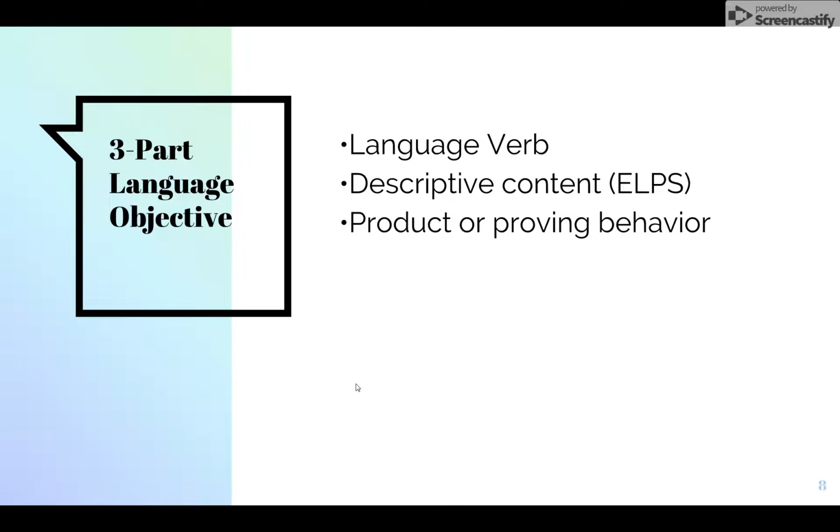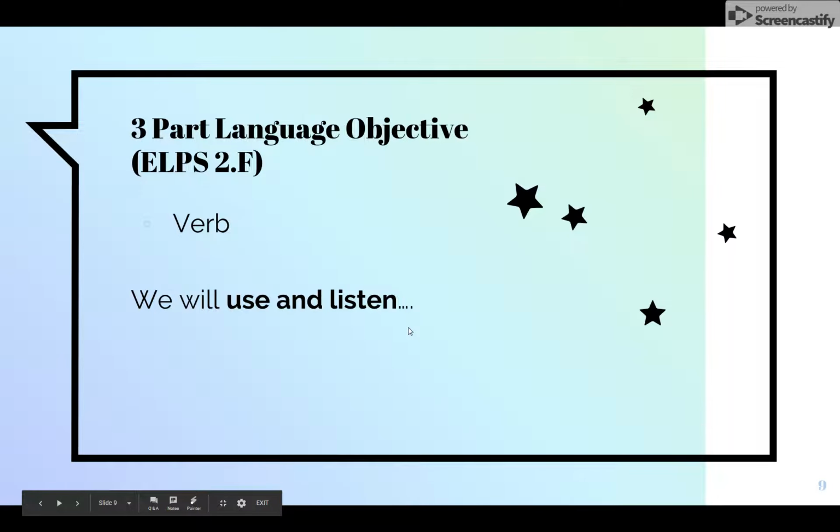Just as the content objective has three parts, the language objective does as well. Content is aligned to the TEKS, and language objectives are aligned to a specific ELPS. For this example, I'm going to use the ELPS 2.F, which is a listening standard that states understanding language through a variety of media.